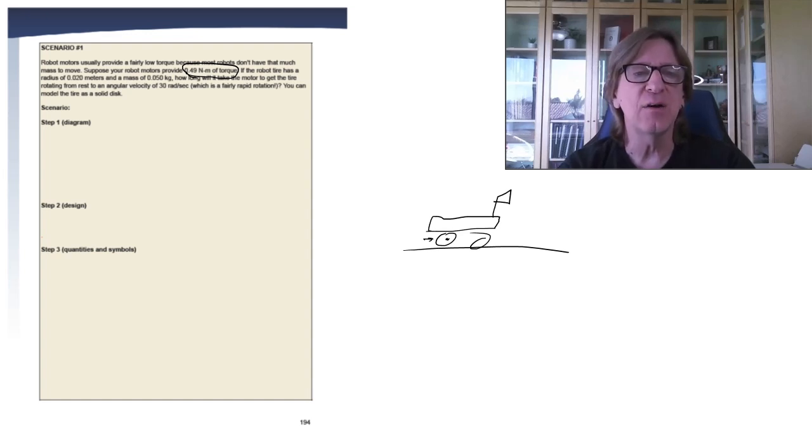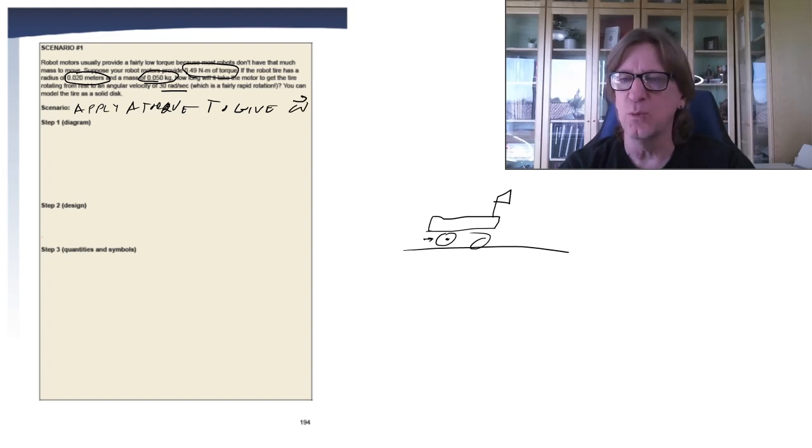And the tire, the wheel here, has a radius of 0.20 meters and a mass of 0.50 kilograms. How long will it take the motor to get the tire rotating to an angular velocity of 30 radians per second? So our scenario is we're going to apply a torque to give an angular velocity, to get that wheel rotating.